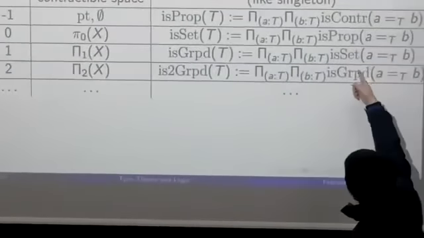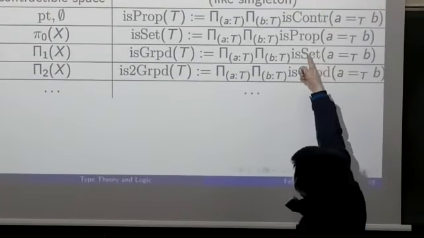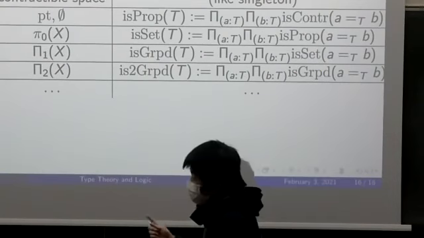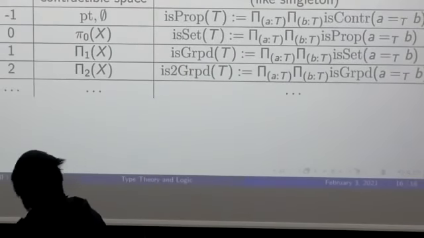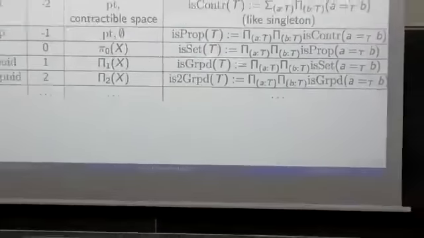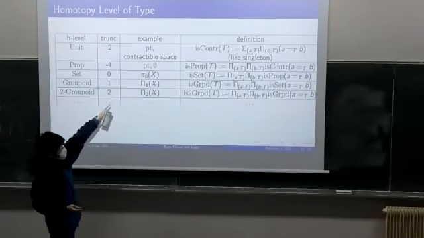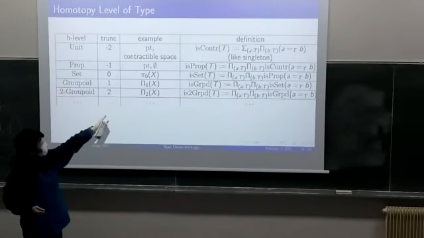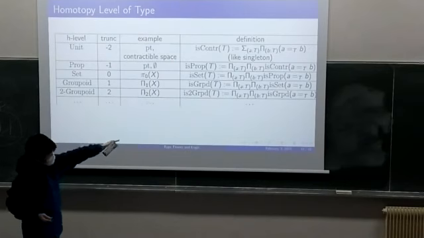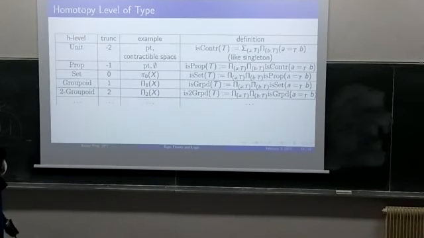Here, the path space is just a proposition. Somehow, the example is pi zero space or pi one space, and so on and so on. We can define all truncated levels of a type.